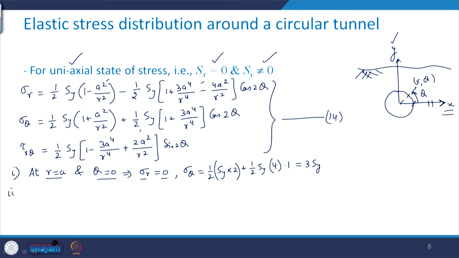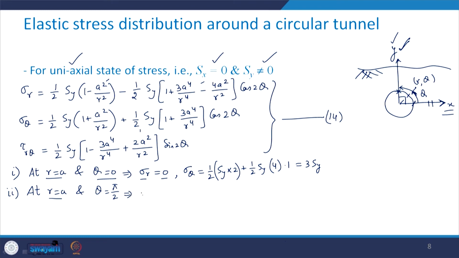The second condition we take as r equal to a and theta equal to pi by 2 or 90 degree. So, when theta becomes equal to pi by 2, it will be along this y axis. And when I say r equal to a, it means at the tunnel periphery. So, what will happen at this point to all these stress components?